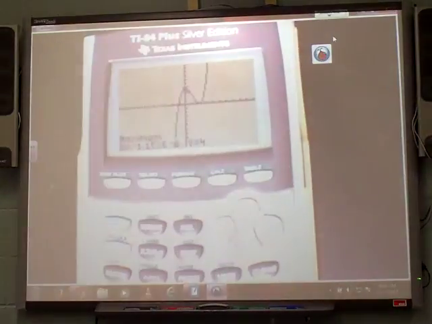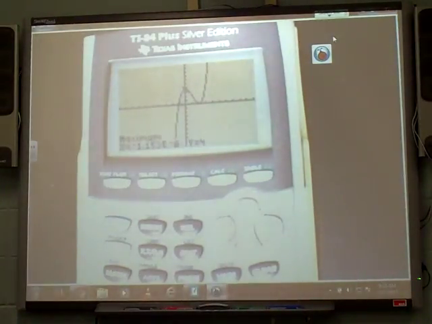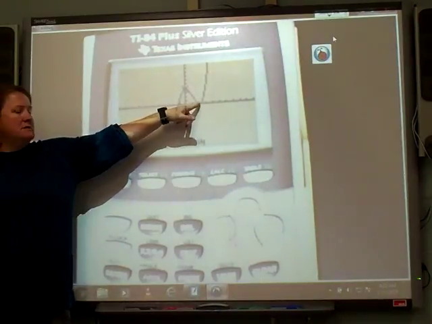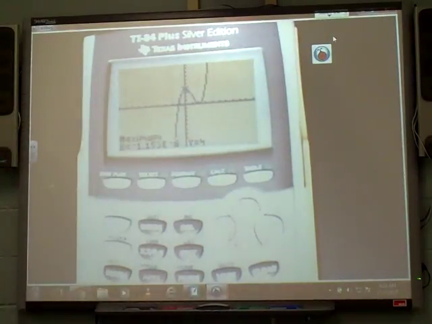I actually got the y right, but the x is 9.5 times 10 to the negative 7. Remember, zeros are where we cross the x-axis. 1, 2, right? So I can figure out those zeros now without having to do the synthetic division.